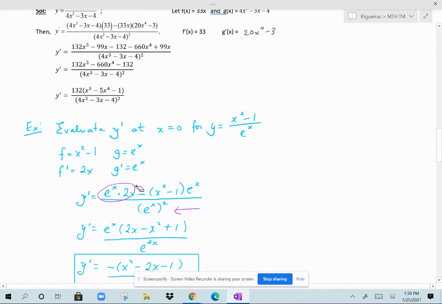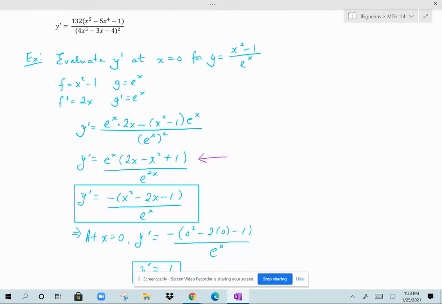All right, so similar to one I did before with e to the x, these two products in the numerator have a common factor of e to the x. So I factor that out. And that leaves me with 2x minus x squared plus 1, because I distributed that minus sign across, and when I square e to the x, I get e to the 2x.